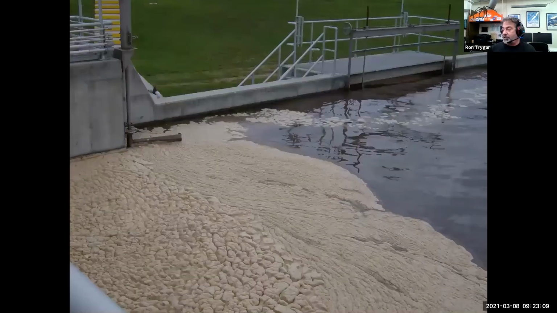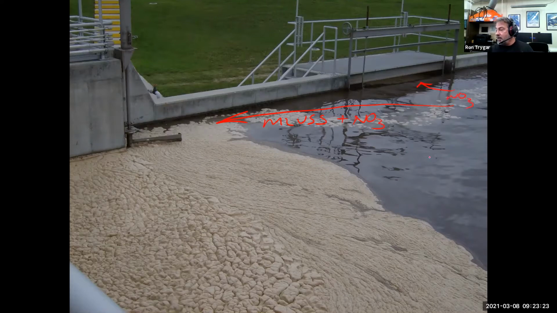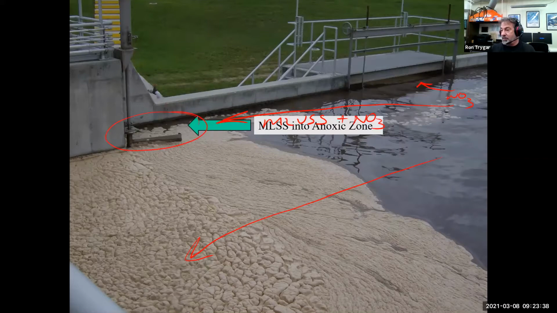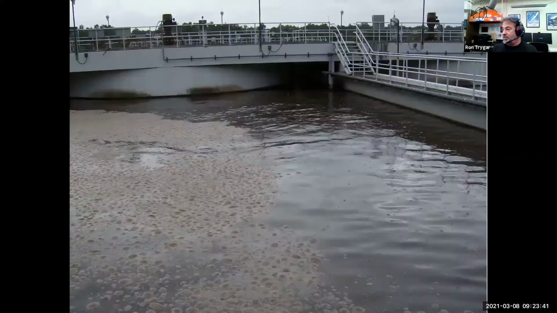So here's our diversion gate. Some of this mixed liquor is flowing this way. This is MLVSS plus nitrate in it. Some of the nitrate is going out here, and a lot of the mixed liquor is flowing back this way to be recirculated back through the aeration system. So we see a little diversion gate right here, and that goes into the anoxic zone, which is then mixed, and you see the mixing occurring here.